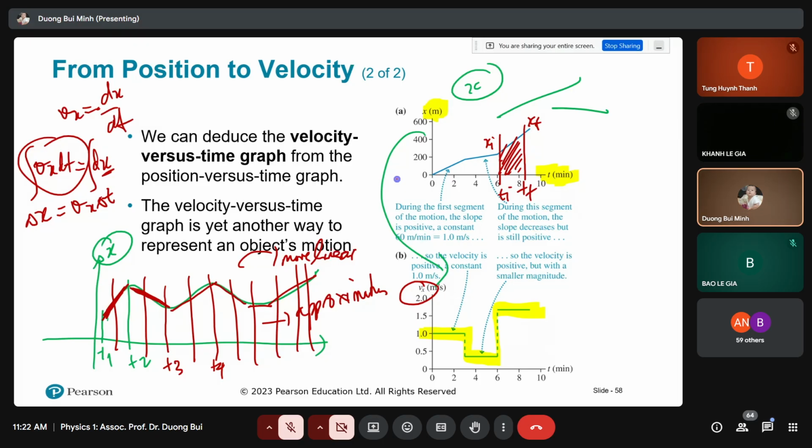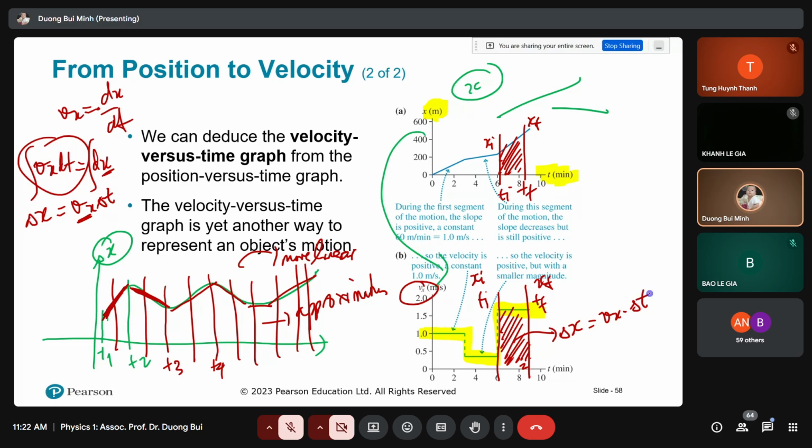area. Sorry, we need to correct here, because this is x, this one is Vx. For example, here is ti, here is tf. From ti you get xi, from tf you get xf, and then you can get this area. This area is delta x, because delta x is Vx times delta t.